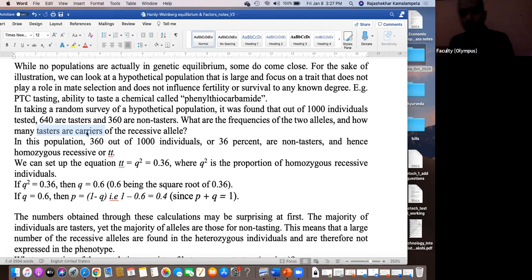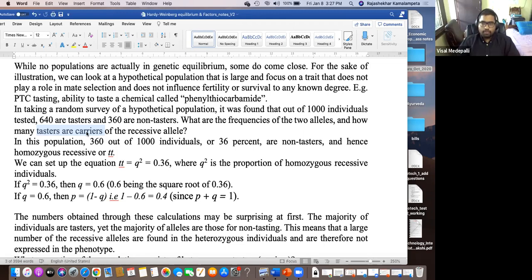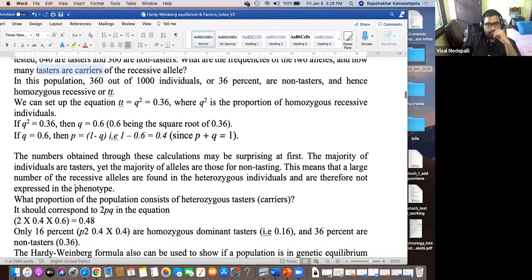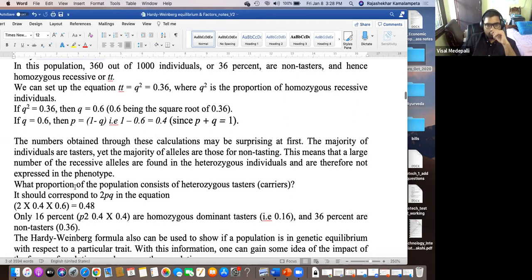So what equation do you use for this? If you want to identify the genotypes, from our last discussion, what equation is suitable here? Hardy-Weinberg, p square plus. Right. So what form of this? P plus q equal to 1, is it enough? No. So we have to use p square plus 2pq plus q square equal to 1. This is what you do here. We want to find out 2pq.